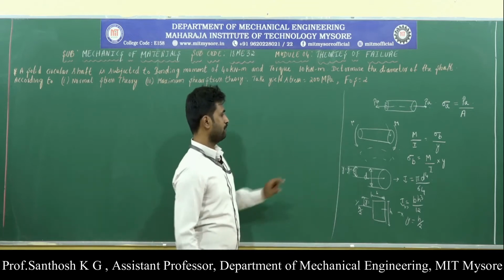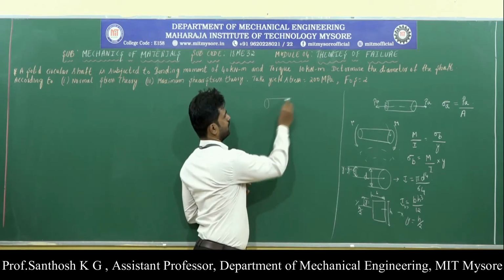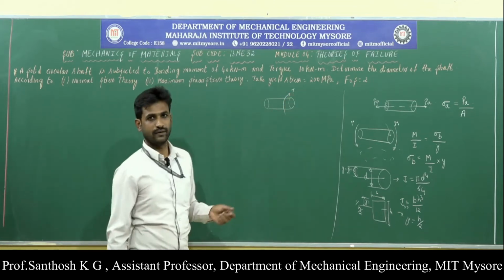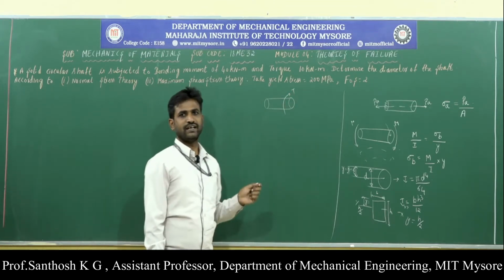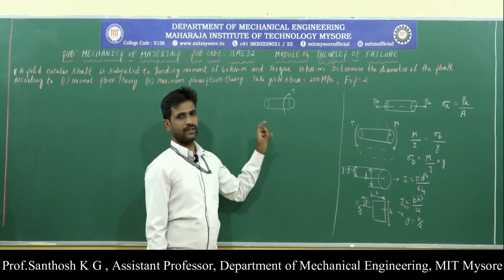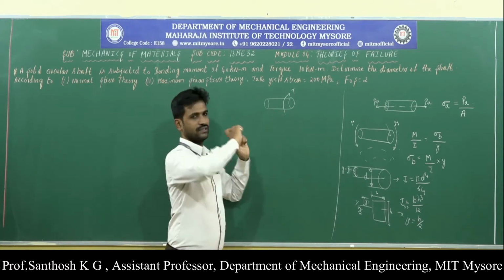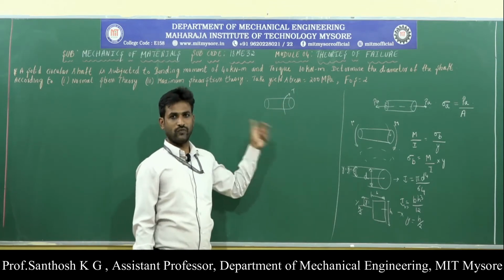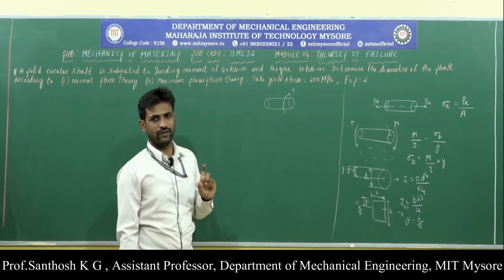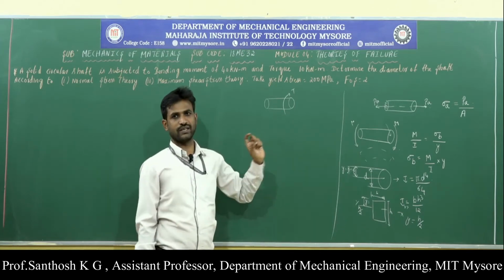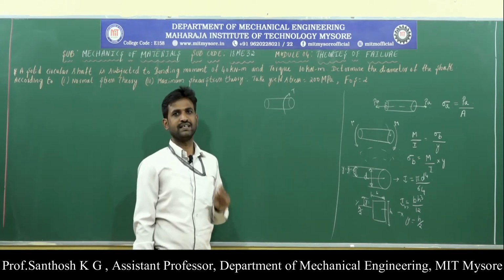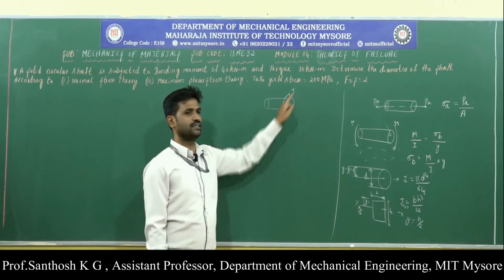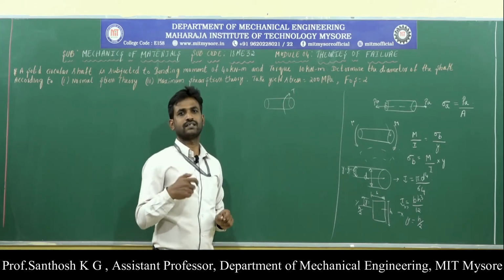Next, a given member may be subjected to another kind of load, which is torsion. If a member is subjected to torsion, it results in the twisting of the member. If a member twists under the action of a given load, then the type of stress induced in the member is shear in nature, since the shear stress is induced due to the application of the torque.